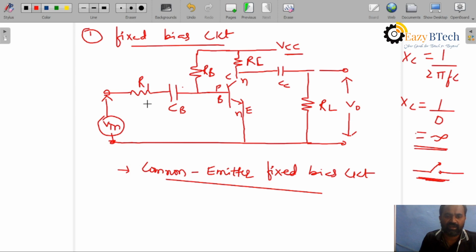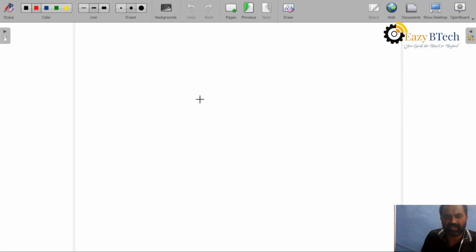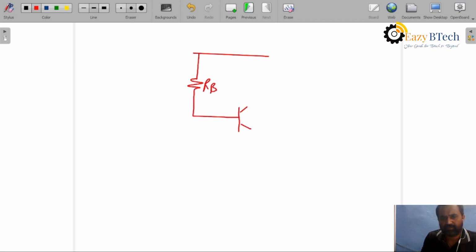That is why this circuit can be redrawn for a DC analysis like this, by removing the capacitors, with terminals B, E, and C. Every time you have to remember collector, emitter and base, and this type is NPN.